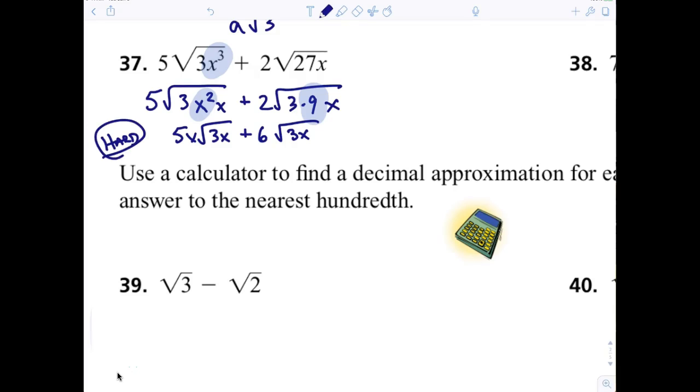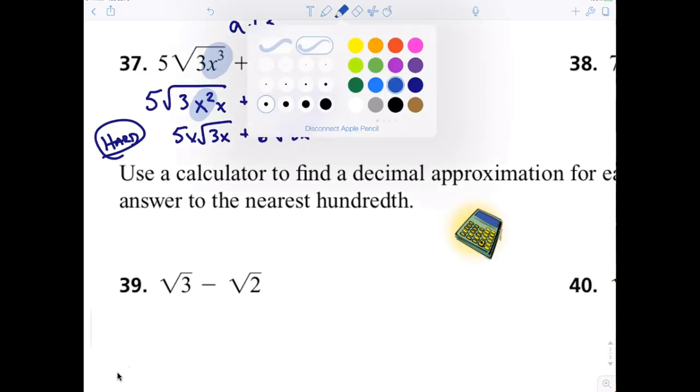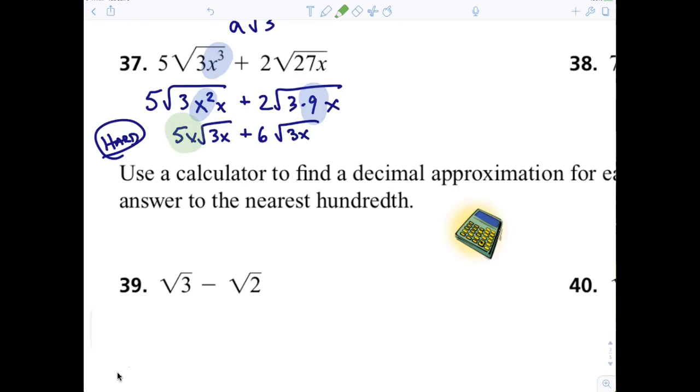It's not really, but it's hard for most kids. All right? When we do this, I need you to pay attention. Can I add 5x and 6 together? No, you cannot. So your answer is this. I want everybody to put 5x plus 6 radical 3x.